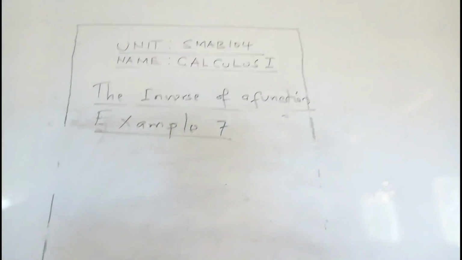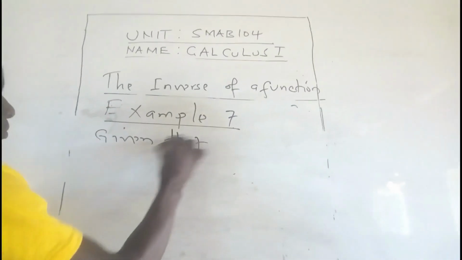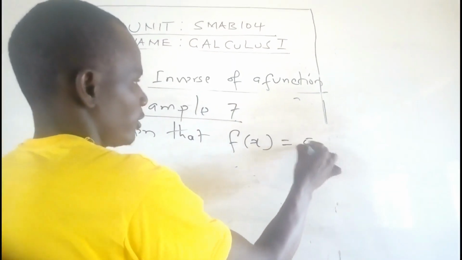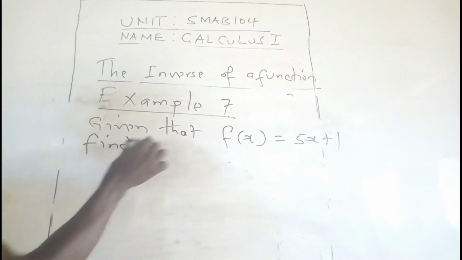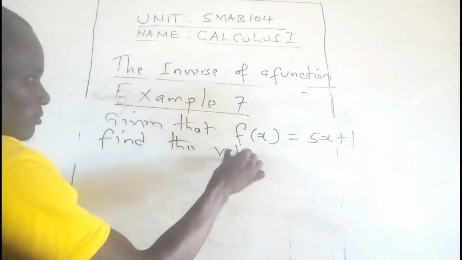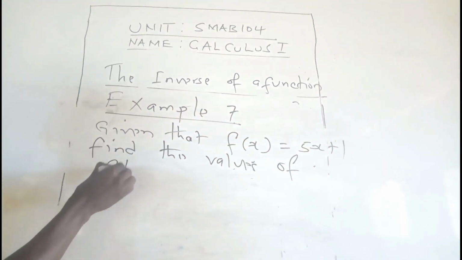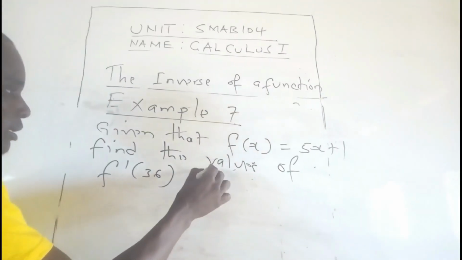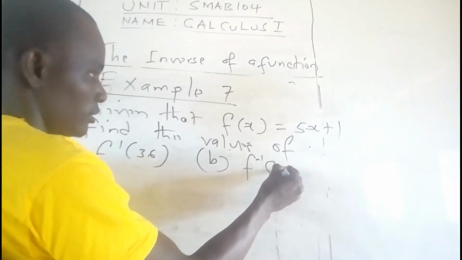So in our example 7, we can write, given that f of x is equal to 5x plus 1, find the values of part A, f inverse when we plug in 36, and then part B, f inverse when we plug in 0.